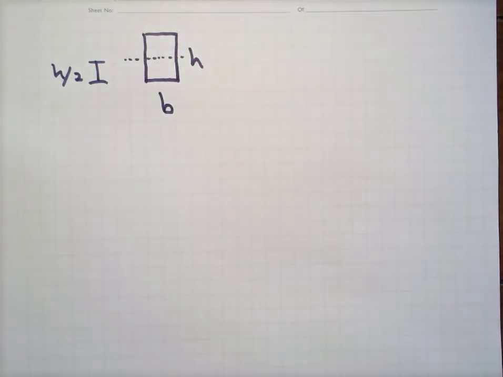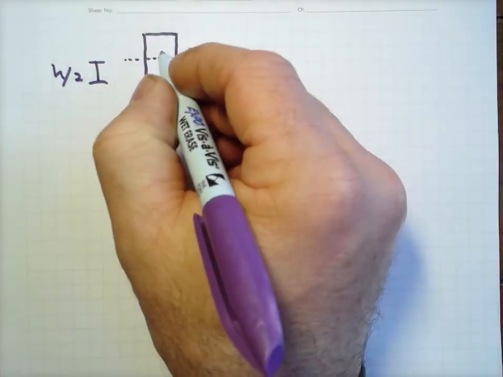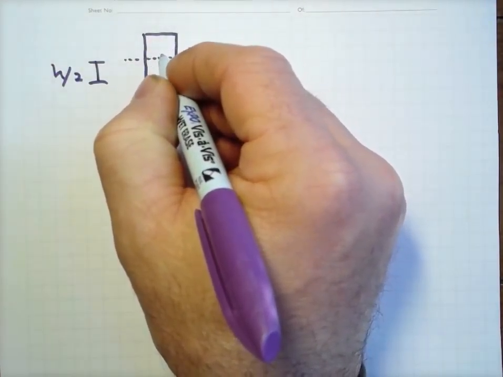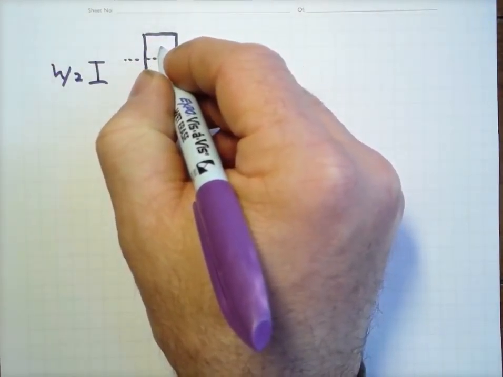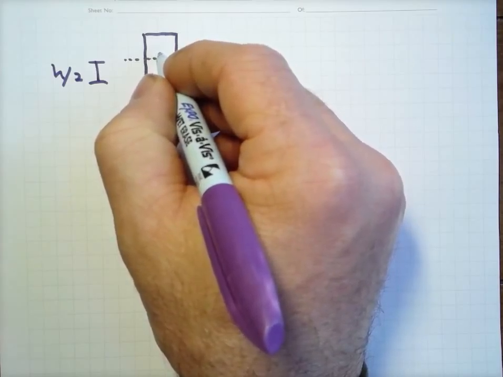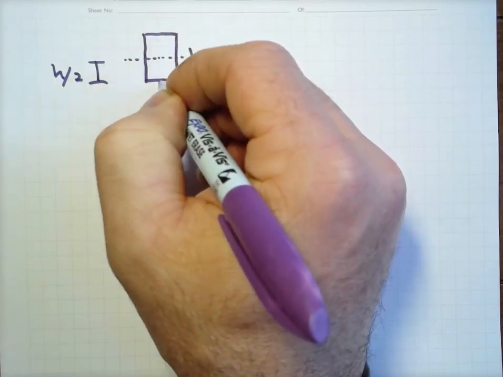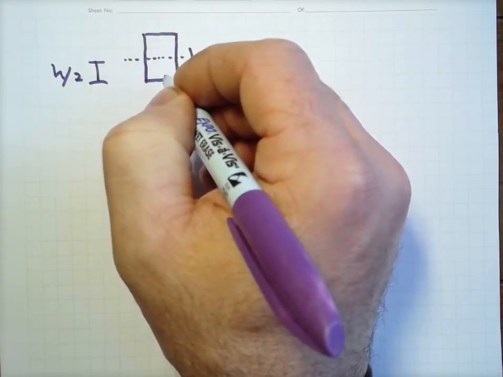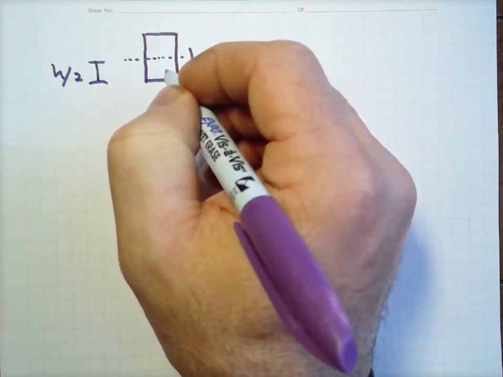That happens for Q as well. So if we're going to find Q, we find Q for a point, and when we find Q for any arbitrary point up and down, we can now find the shear stress for that point.